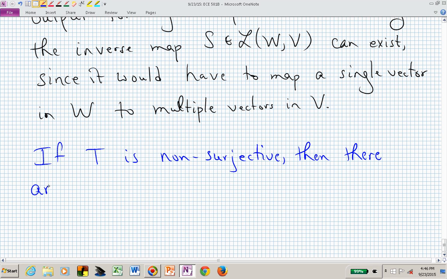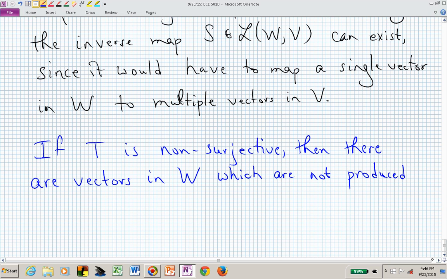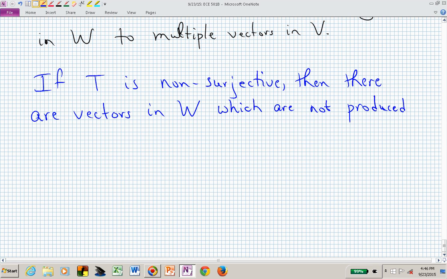Then there are vectors in our codomain W which are not produced or generated via the linear map T from V. If T is non-surjective, that means T is not going to cover all of W. If T is non-surjective, then there are vectors in our codomain which are not produced by T acting on the vectors of V.